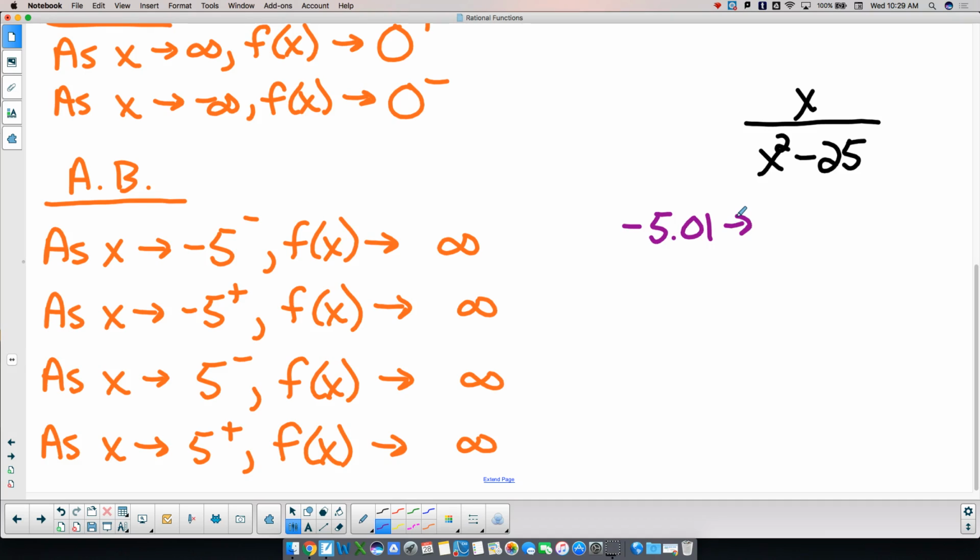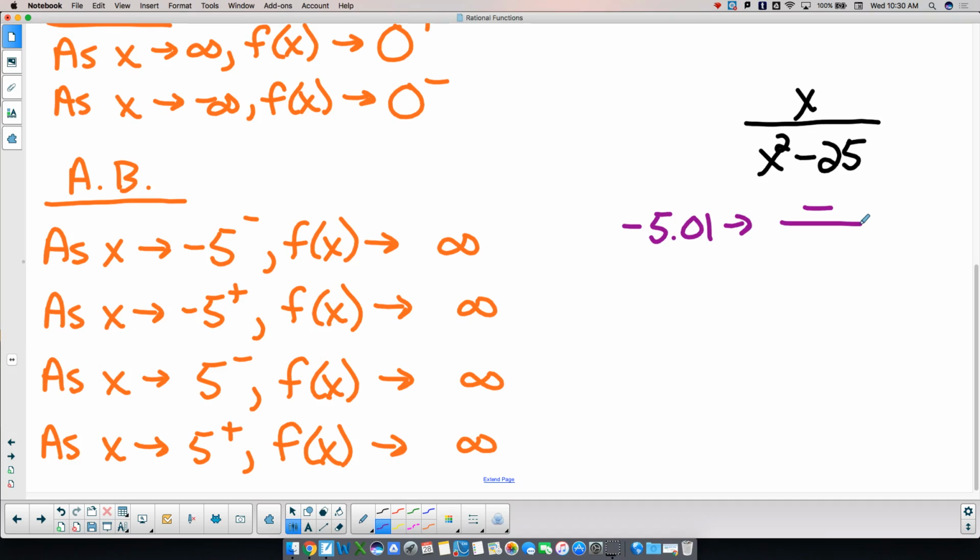If I put that number in there, I get a negative number on top, correct? I get negative 5.01 on top. If I square 5.01, first off, it's going to be positive, because I squared it.